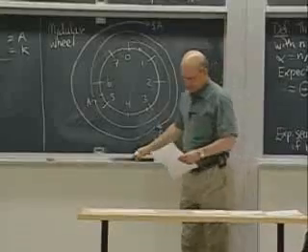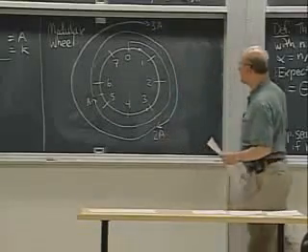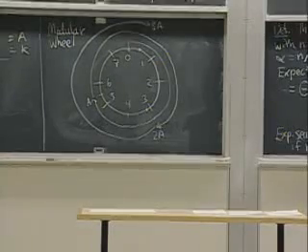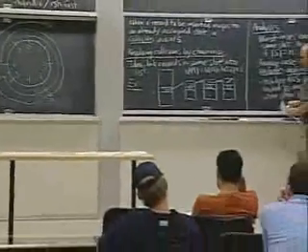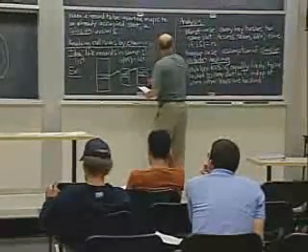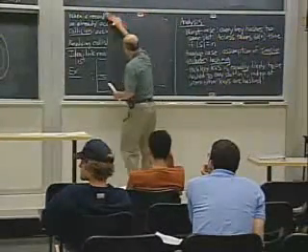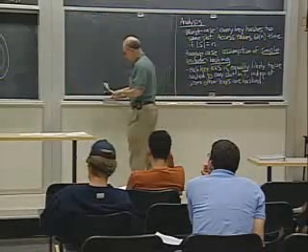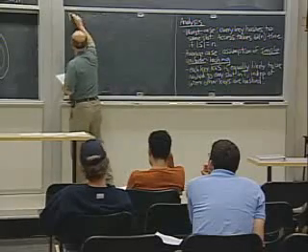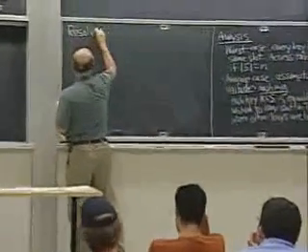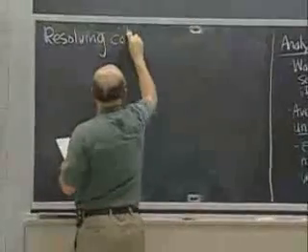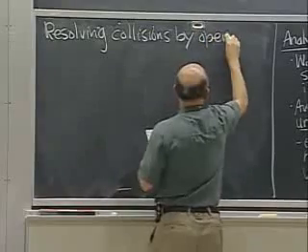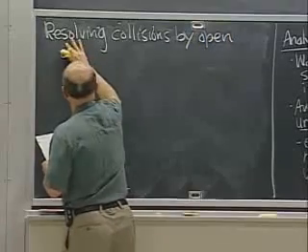The second topic: we talked about resolving collisions by chaining. There's another way of resolving collisions, which is often useful, called open addressing.